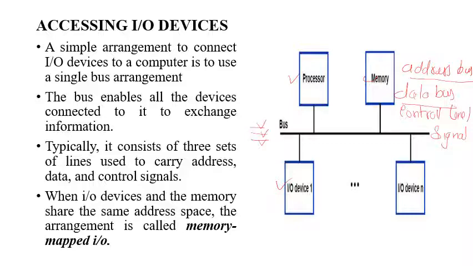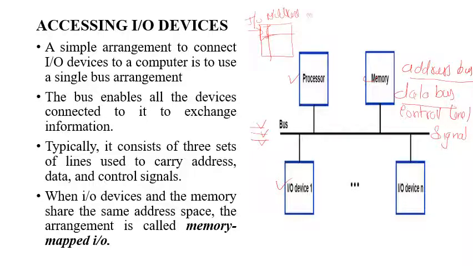When IO devices and the memory share the same address space, the arrangement is called memory mapped IO. Suppose we have a memory location with a particular address. If this address corresponds to an IO device, then it also corresponds to a memory.